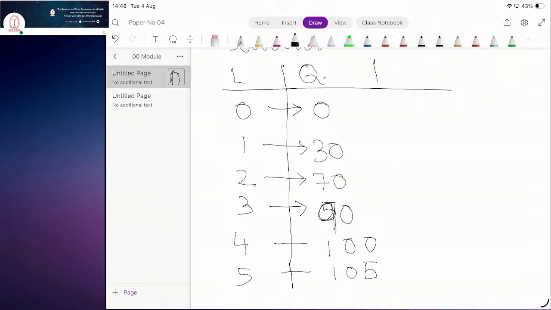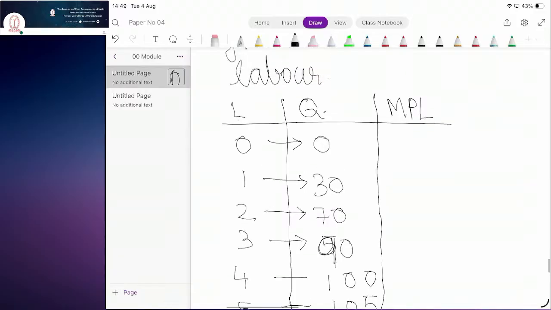Next to this, make another column and compute the marginal productivity of labor. Are you all able to read this table? L is the input of labor, Q is the output. Assume that K is remaining fixed, constant, it's not changing. That's why I have not shown it here.